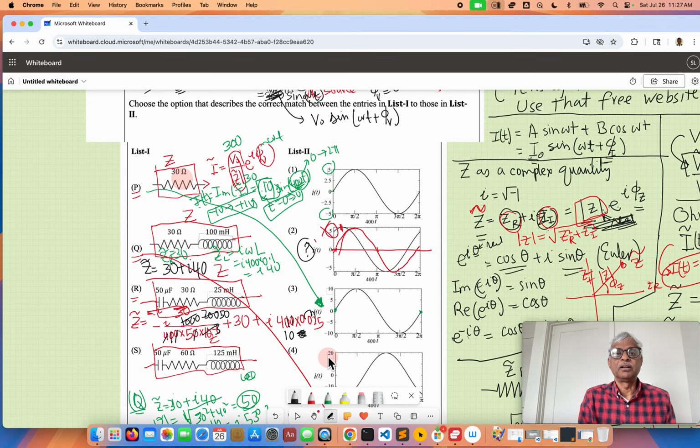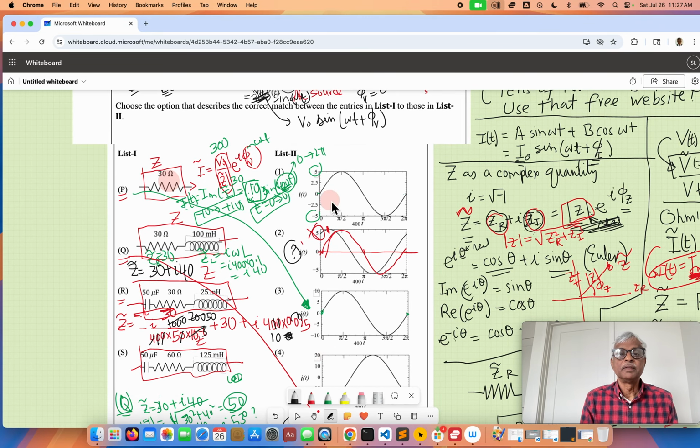Looking at that, of course, this can't be the case, because the value at t equal to 0 has to be in this part, but it's plus and minus 5, so the range is not correct. This is not correct for this one.